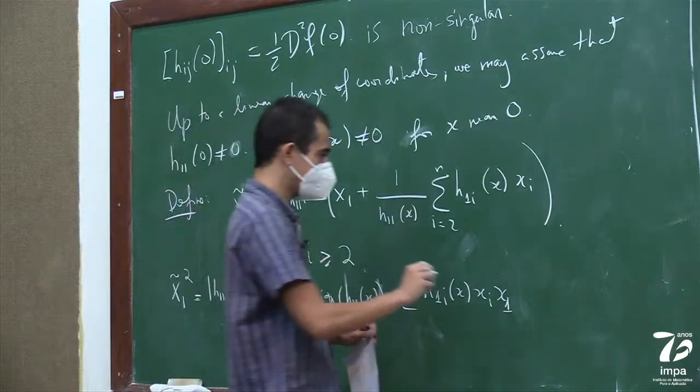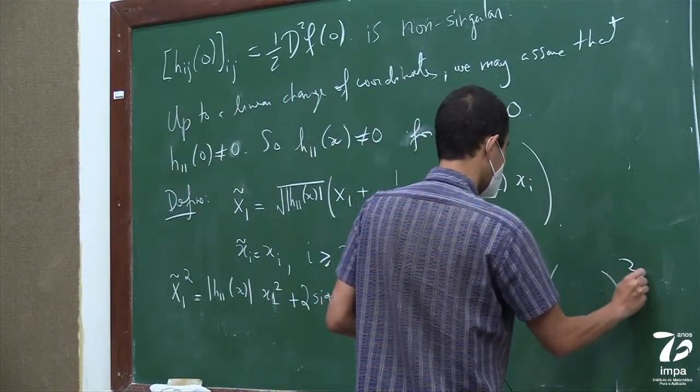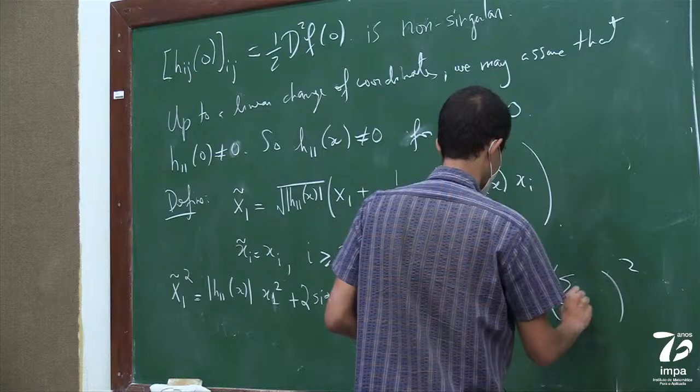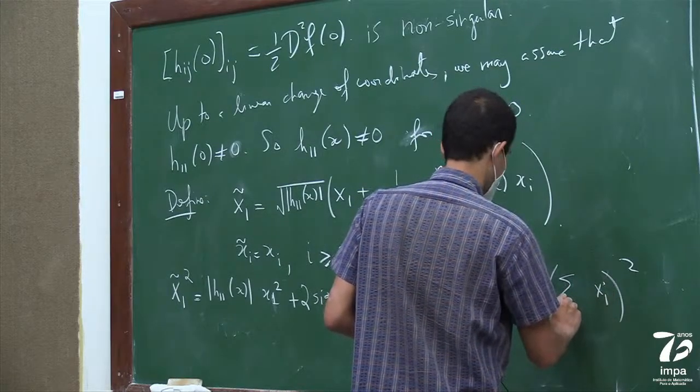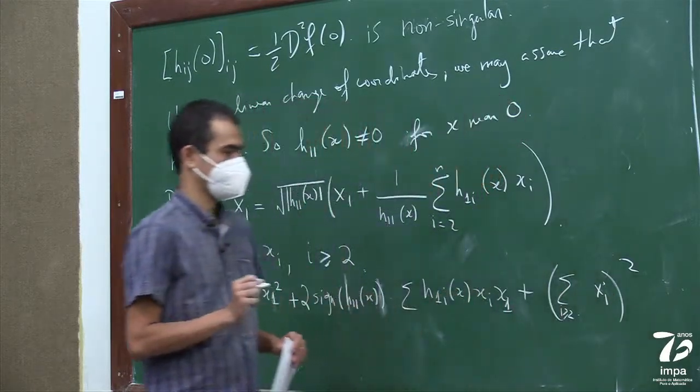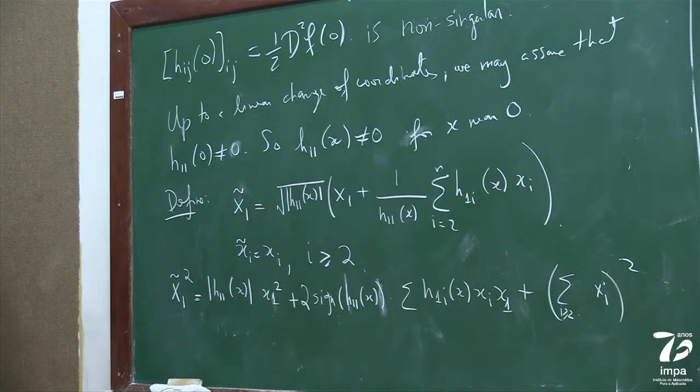And then I have plus something squared that only depends on xi for i greater than or equal to 2. Okay?